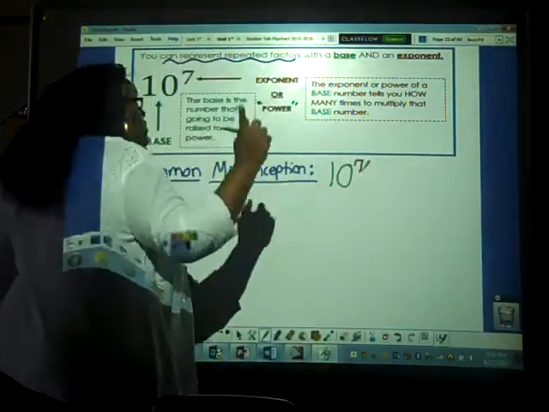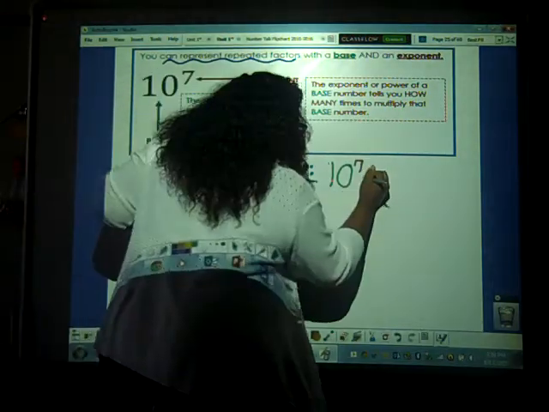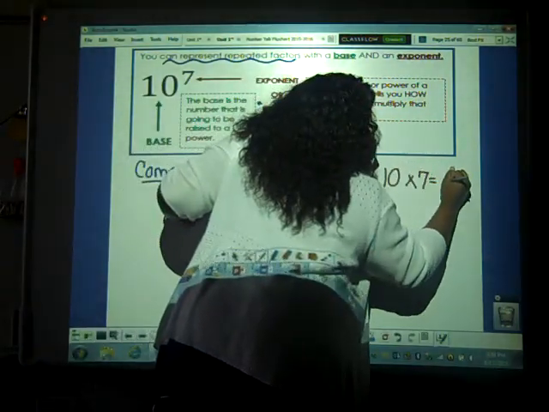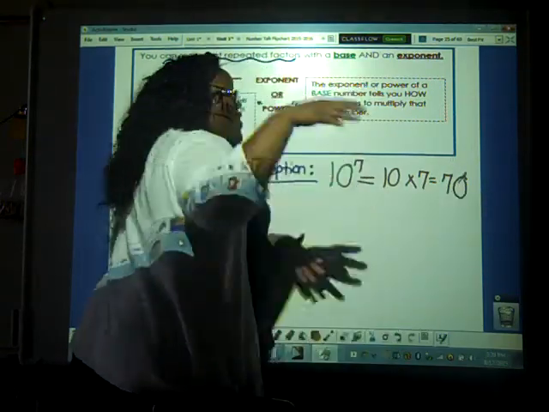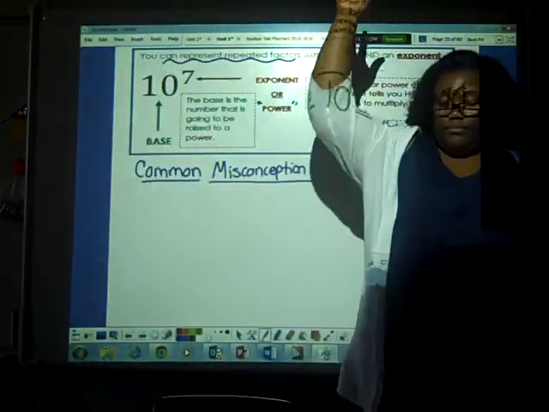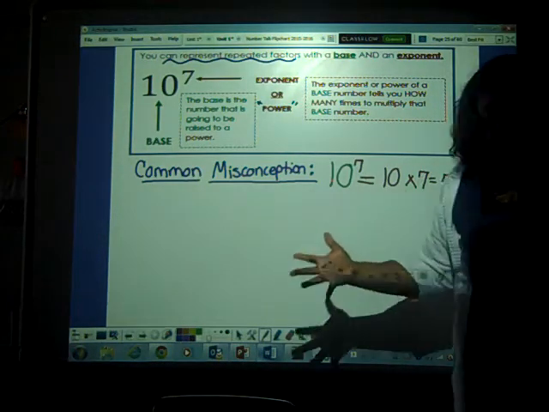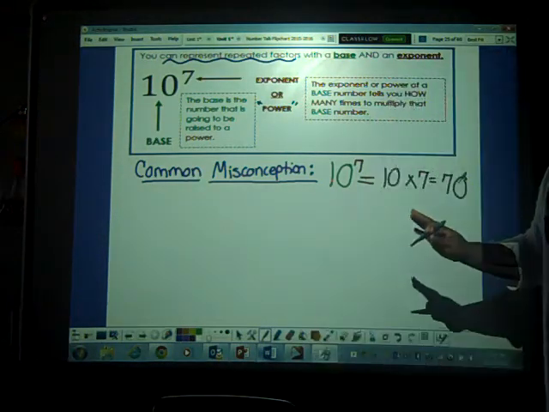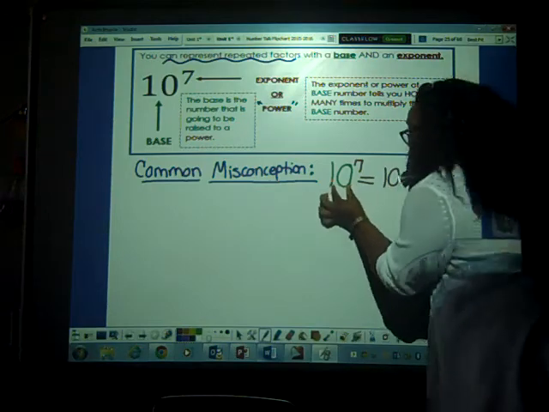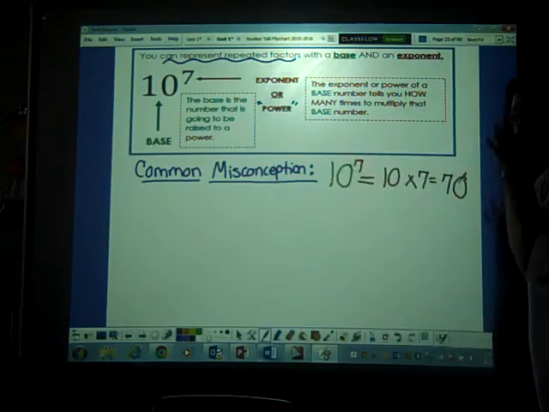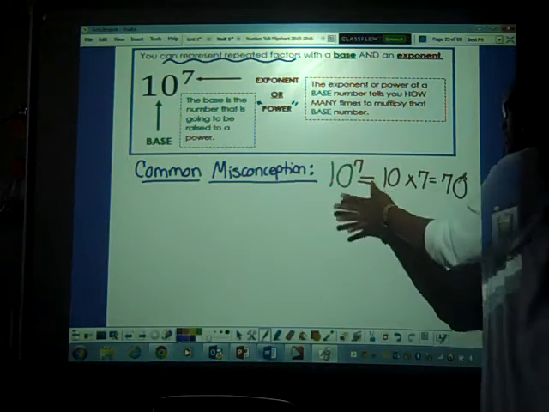I know exactly what to do. Watch me, Miss Davis. And then they'll drop the mic. They'll be like, done. And I'm like, well, yeah. We have to understand what each part of this power of 10 means before we can start evaluating.